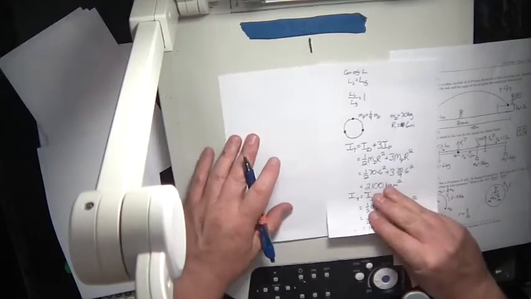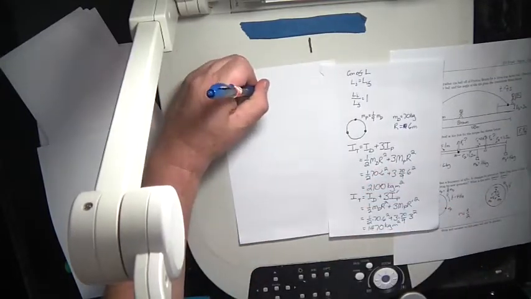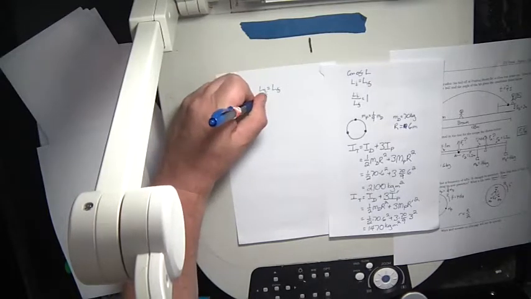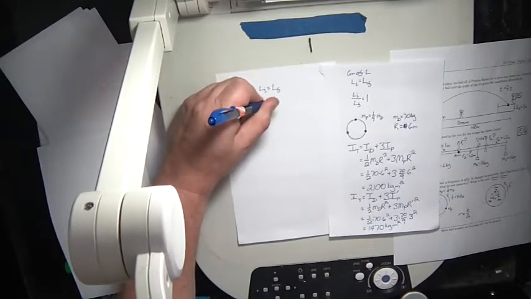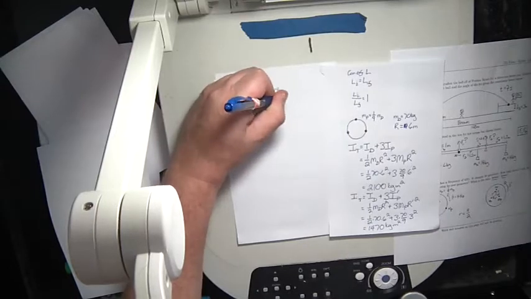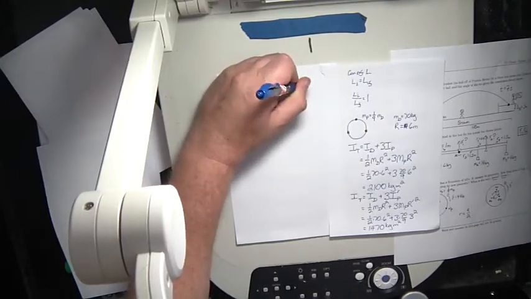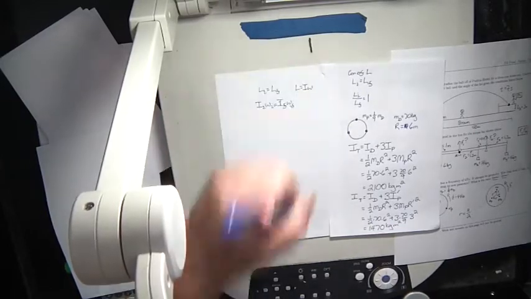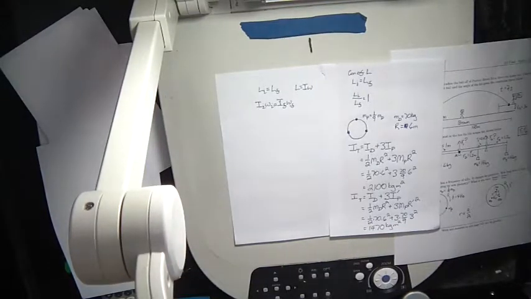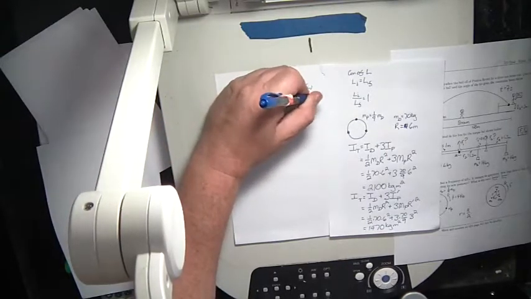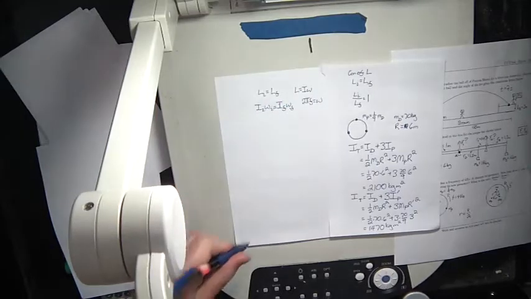In the conservation of angular momentum, L_i is equal to L_f, which is also equal to I initial omega initial is equal to I final omega final, because L is equal to I omega. Now converting omega to frequency, 2 pi f is equal to omega.